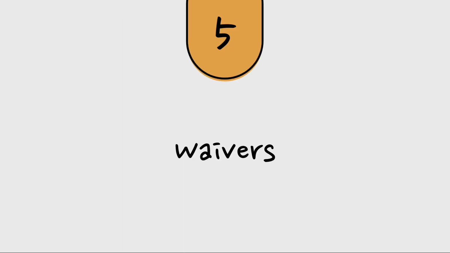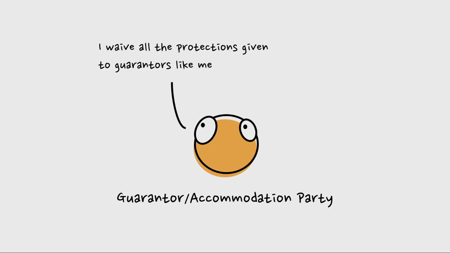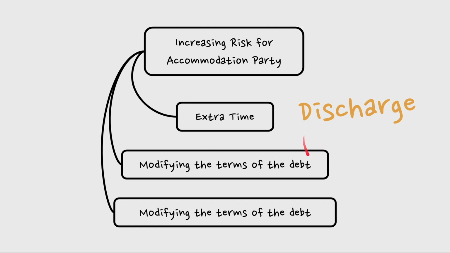So what about waivers? If we're looking at Bob here and Bob's saying, I waive all the protections given to guarantors like me. Not that I know what those protections are. So this just circles back to what we just said, right? With these discharge grounds, and remember, this is impairment of collateral, the grounds for discharge can be waived, right?